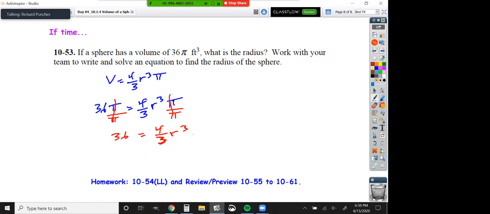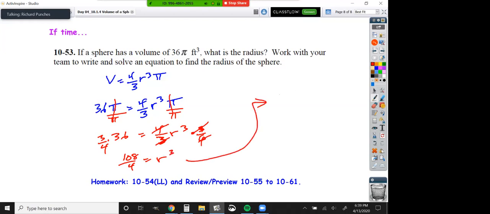Now what I'll do is multiply by the reciprocal of 4/3, which is 3/4. So if I multiply both sides by 3/4, then I get a giant one here and a giant one there. So I am left with 108/4 equals r cubed.